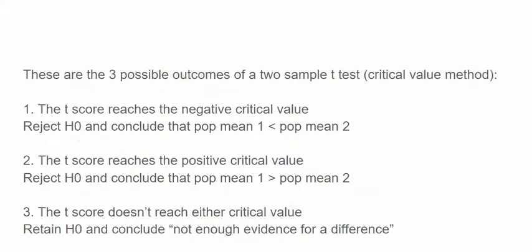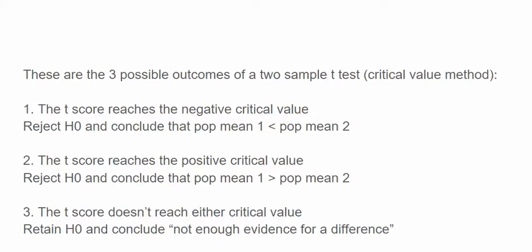And there are three possible outcomes of a two-sample t-test, because in a two-sample t-test, you actually have two critical values, because you look up the critical value in a table called the t-table, and you actually use the critical value and its opposite.